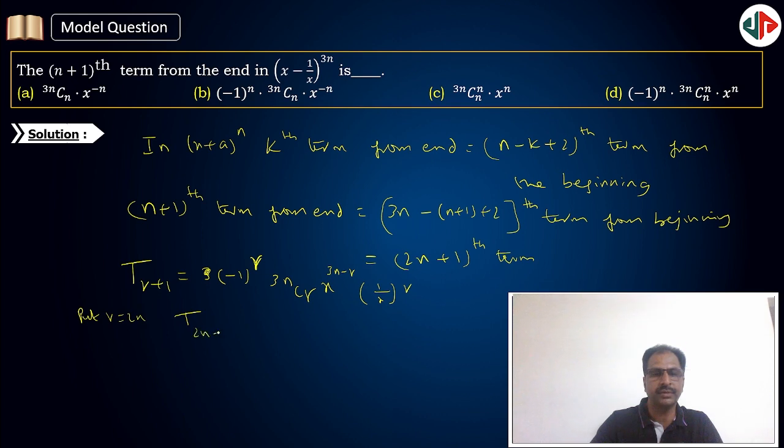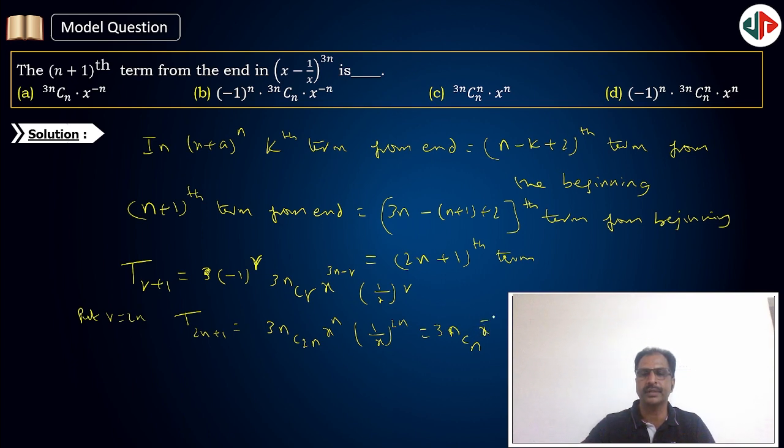Then T(2n+1) is (-1)^(2n), which is plus 1 because 2n is an even number. So 3nC2n x^n into (1/x)^(2n). This is nothing but 3nCn. nCr is nothing but nC(n-r), so 3nC2n is also 3nCn, times x^(-n) or 1 by x^n. Option A.